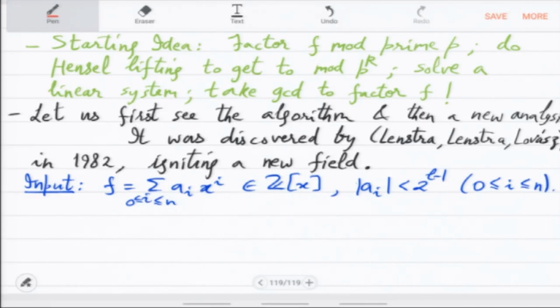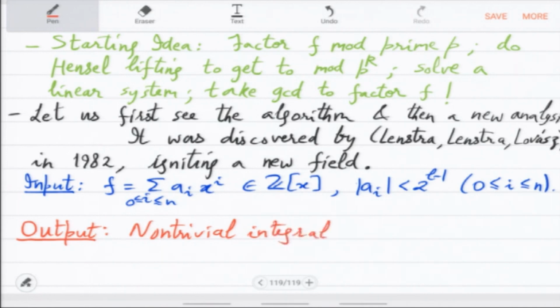Well, you want factors. So a non-trivial integral factor, if it exists.